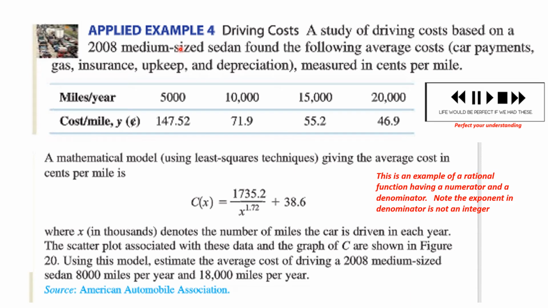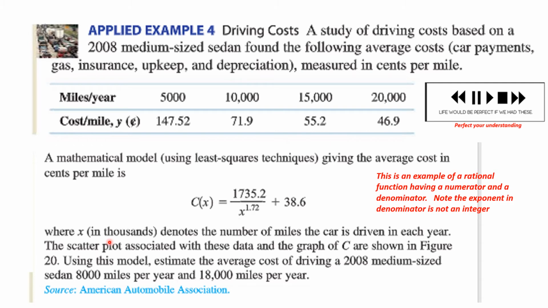Here's the next example. It's about driving costs, and this is miles per year, and this is cost per mile, and this is in cents. And so we do a model based on this information, and this is the model that we come up with. Now this is an example of a rational function. There's a numerator and a denominator, and the exponent in the denominator is not an integer. It's kind of a complicated thing.